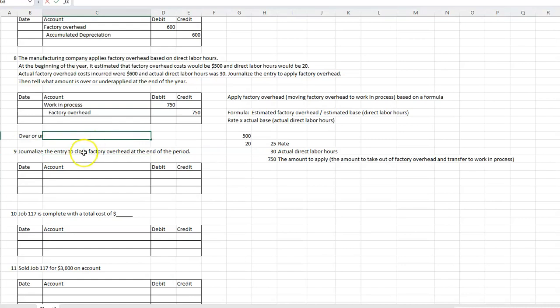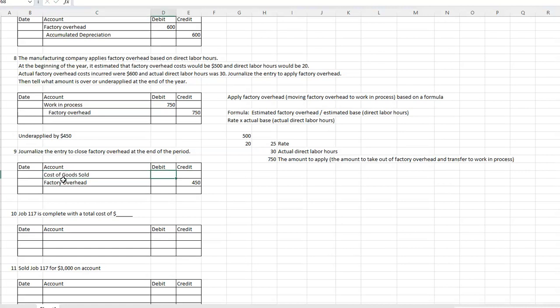Okay, underapplied by $450. All right, so now we're going to journalize the entry to close factory overhead at the end of the period. So we need to take out more. So factory overhead will be credited for $450, and the other side of that will be cost of goods sold.